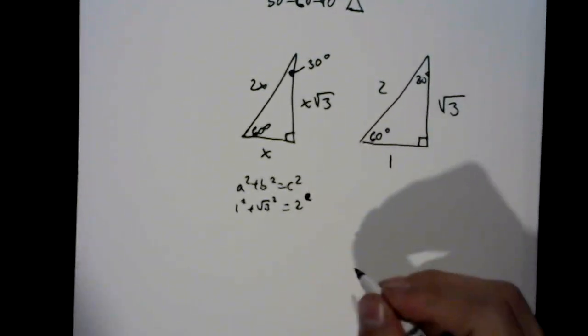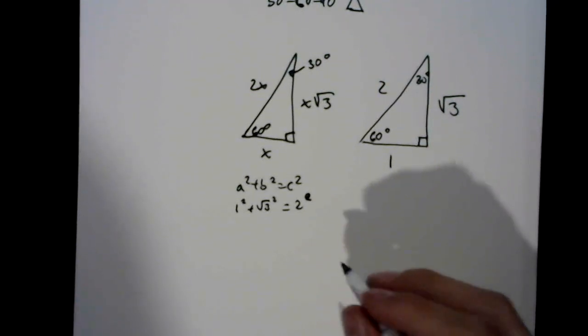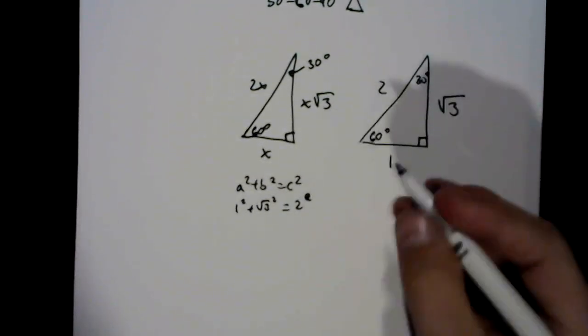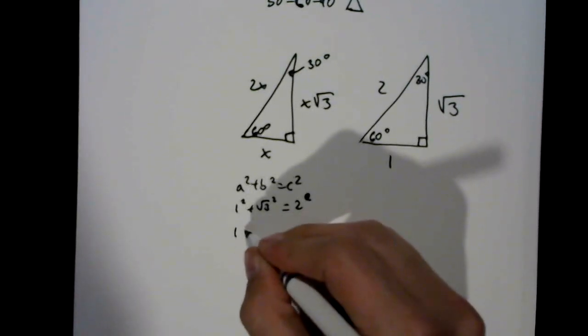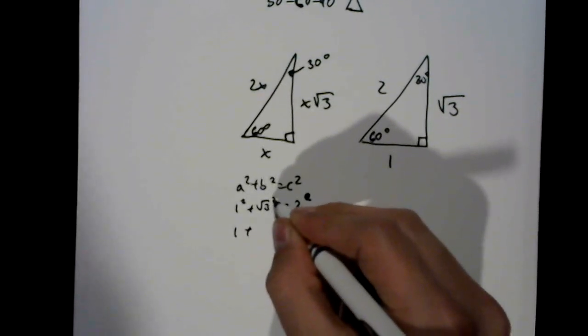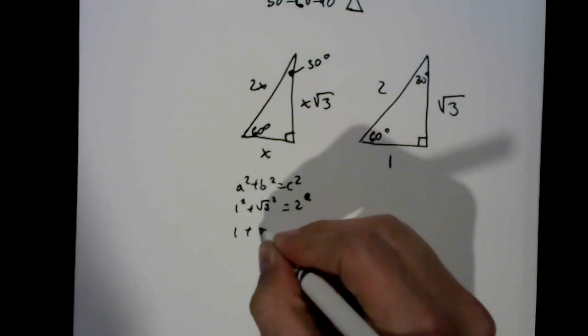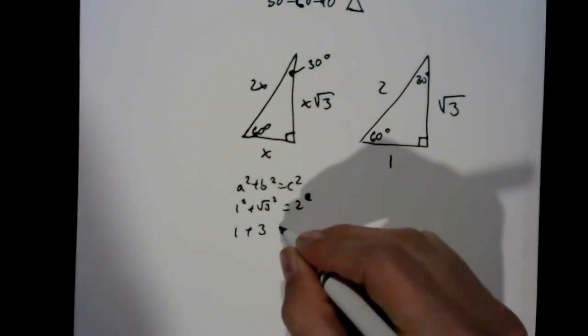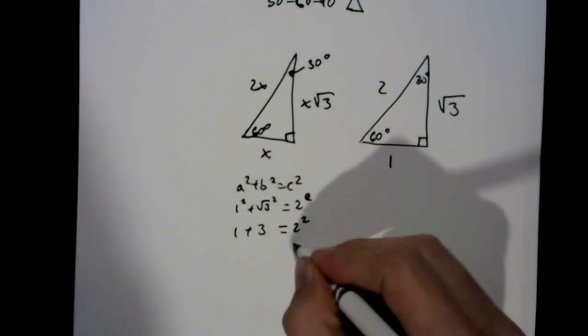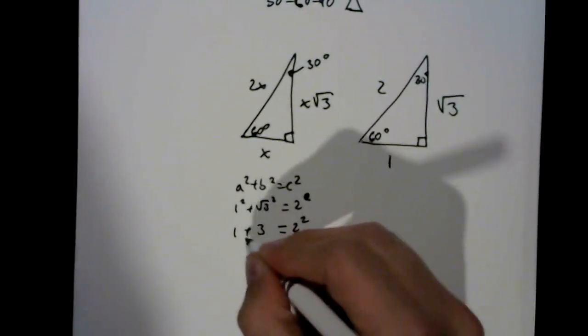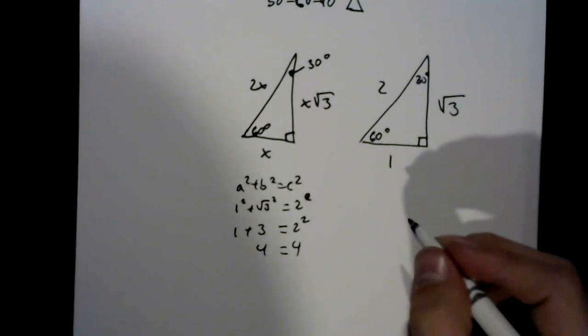So you plug that into your calculator, or just do it by hand. 1 squared is 1, plus square root of 3 squared. Squared cancels out the square root, so you get 3, equals 2 squared, which is 4. 3 plus 1 is 4. So it works that way.